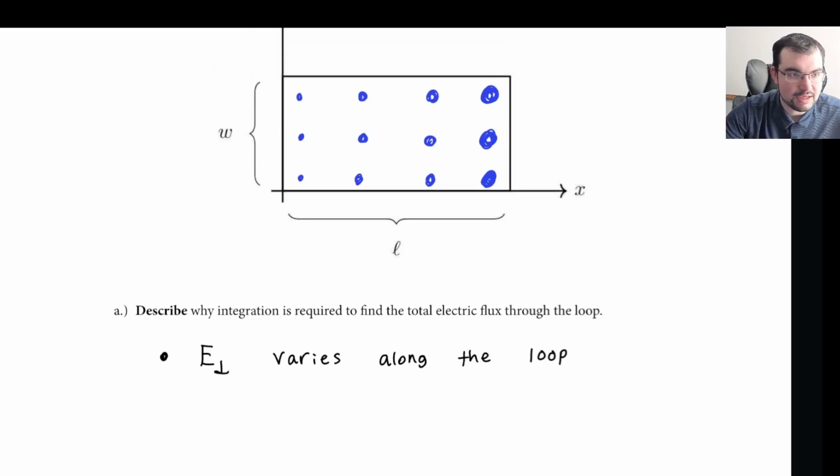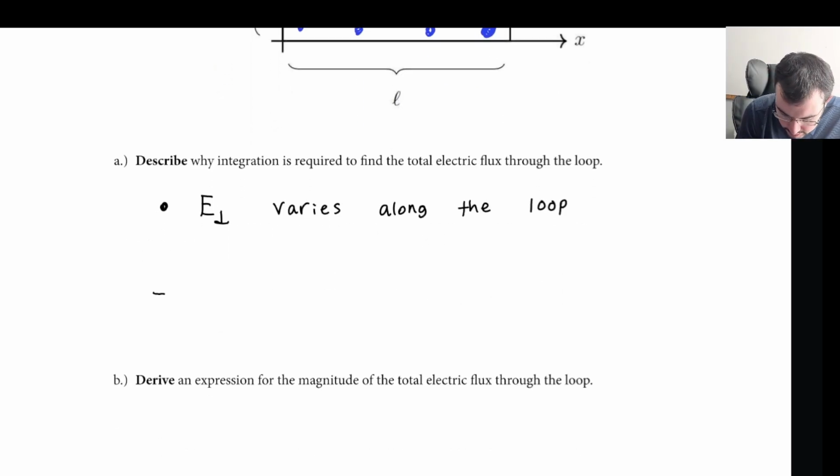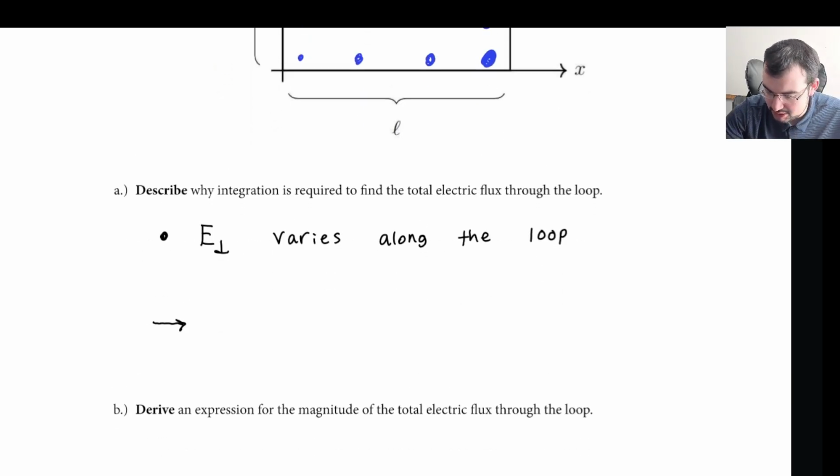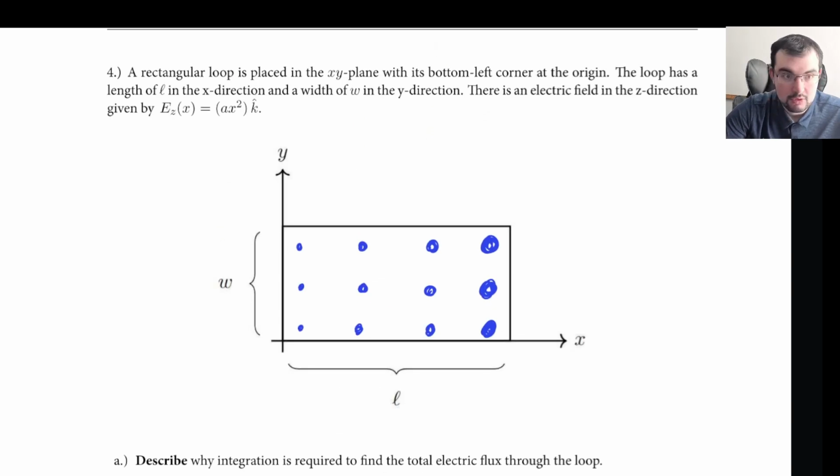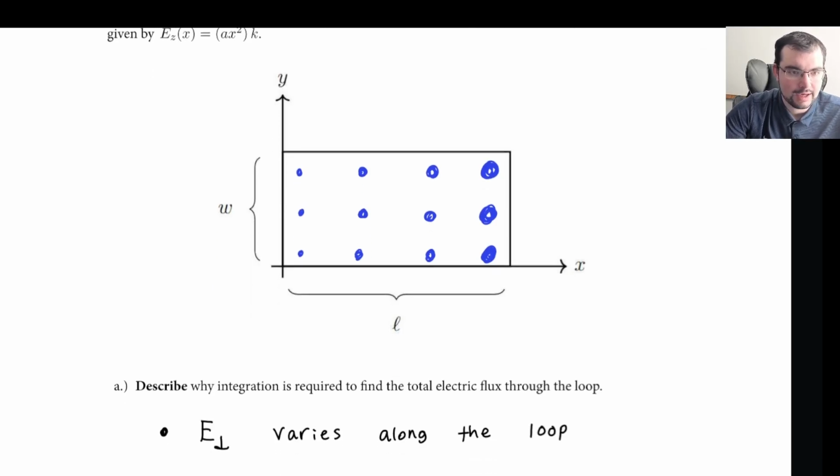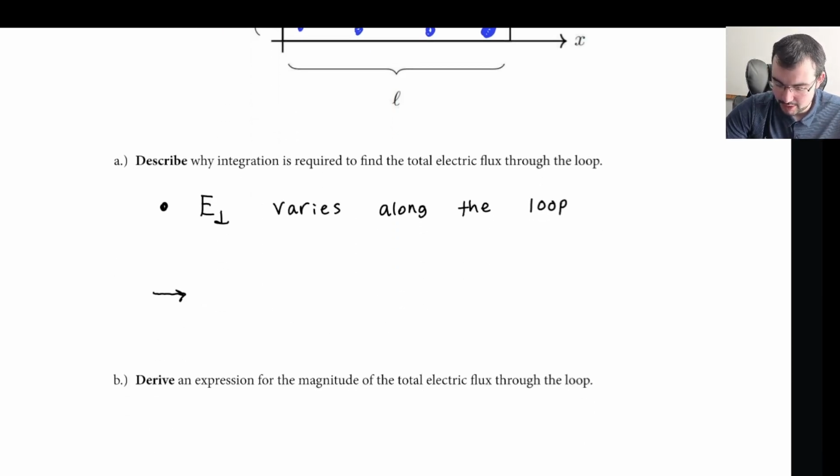So that means we can't just multiply E times A. We could if you actually did an average value type calculation. If you found the average E field along this loop and multiplied that by the total area, that does actually work. But again, we have to break the loop into vertical strips.